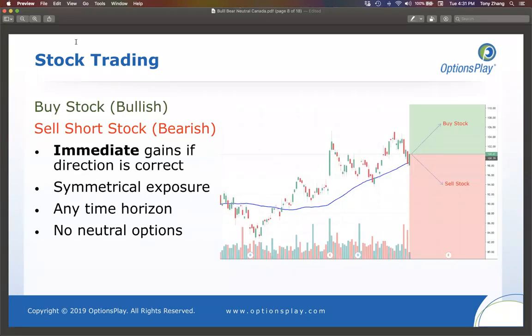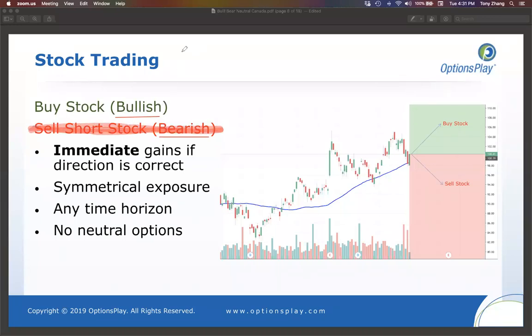So like I said, when you're buying a stock, it's very straightforward. You can either buy the stock when you're bullish, or you can short the stock if you're bearish. And for many users, shorting a stock is simply not an option, because many times you might find yourself in a position where you may not even have the ability to trade it, because maybe your broker doesn't allow you to short the stock, or maybe a stock is hard to borrow.